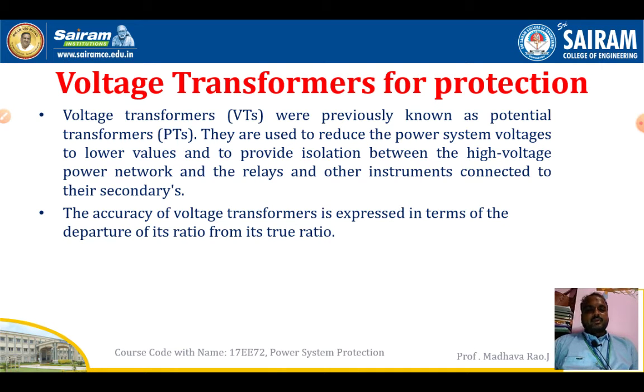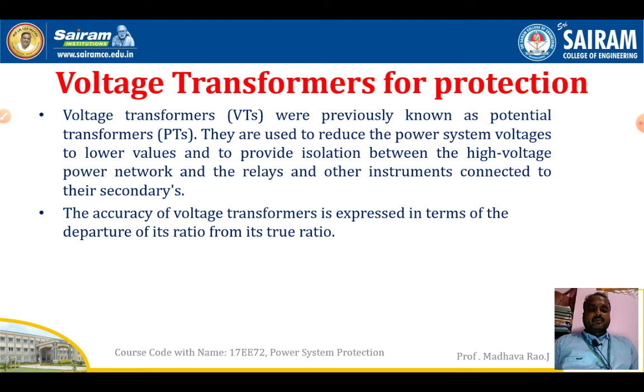They are used to reduce the power system voltages to low values and to provide isolation between the high voltage power network and the relays and other instruments connected to the secondaries. Similarly, as relays and other instruments are connected in CT secondary winding, here also relays and other instruments are connected to the secondary winding of voltage transformer.